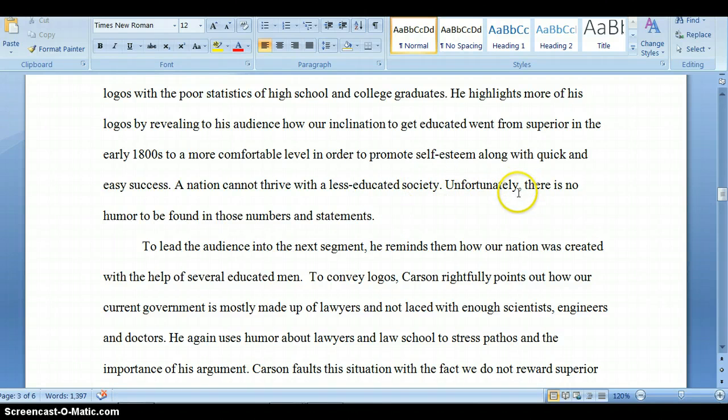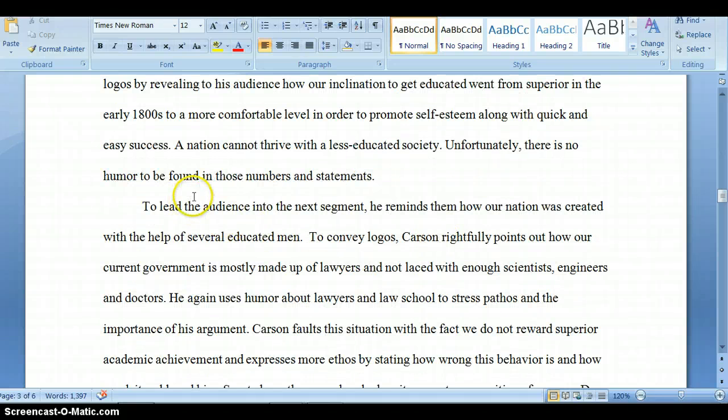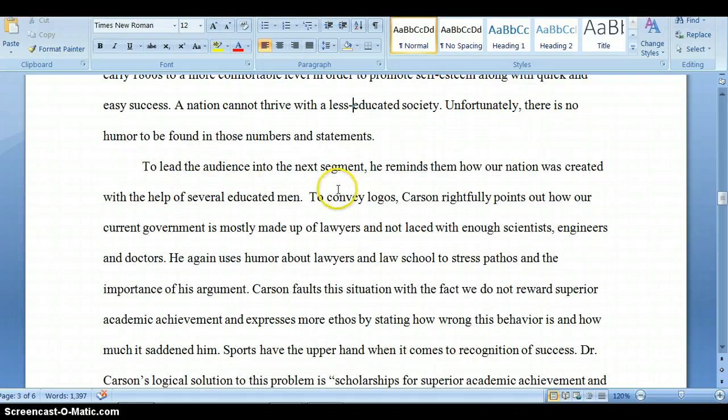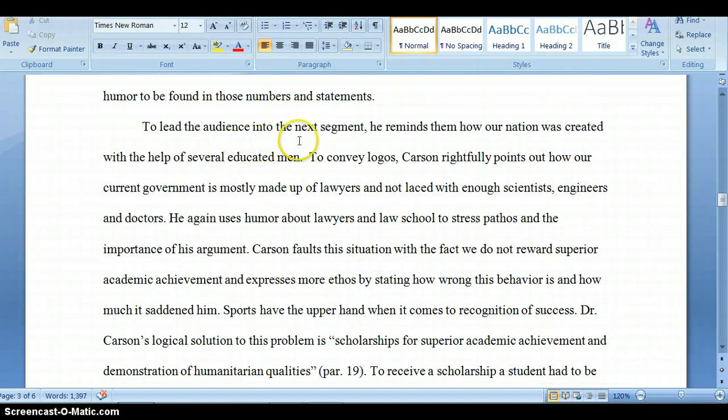Unfortunately, and I appreciate she remembered the comma after the transition, there is no humor to be found in these numbers and statements. So talking again about the style approach. To lead the audience into the next segment, he reminds them how our nation was created with the help of several educated men. She didn't just say, Carson believes our nation, she shows how he works that into his speech purposefully.